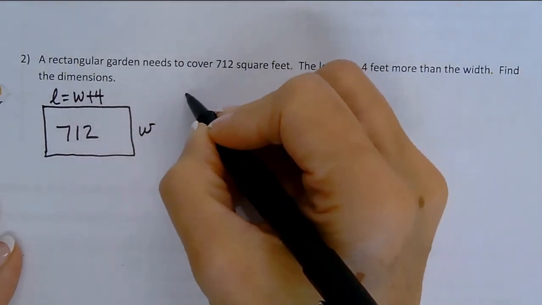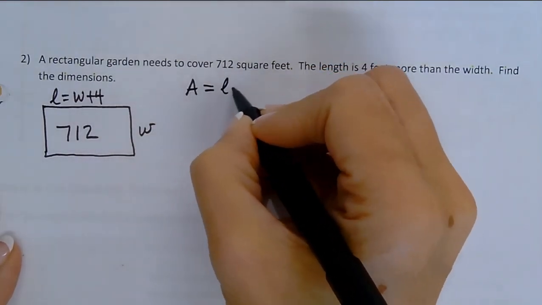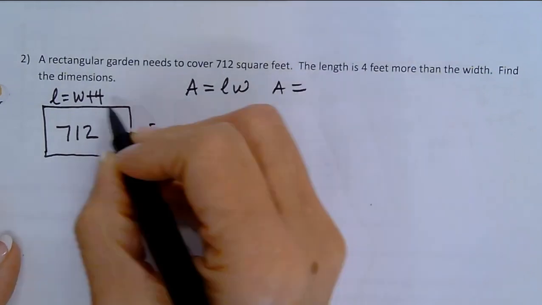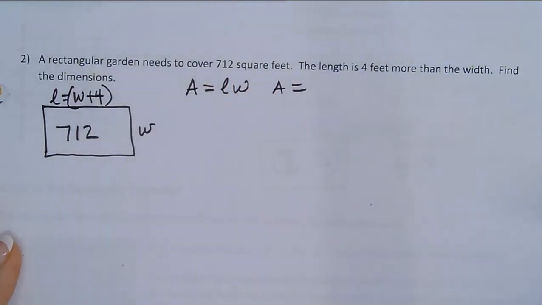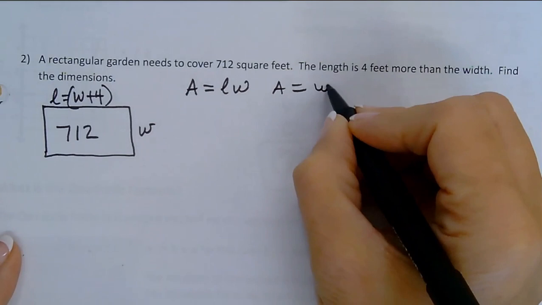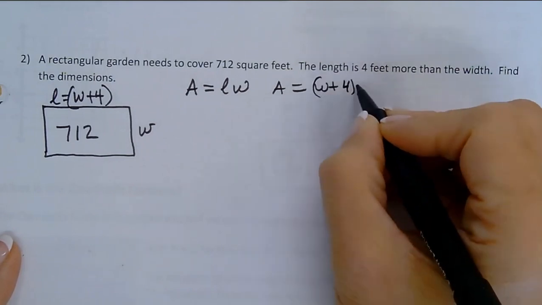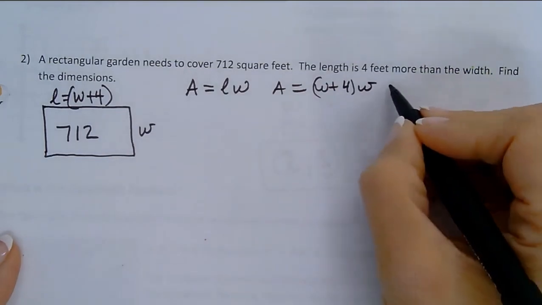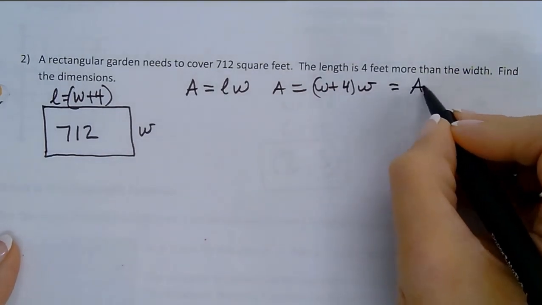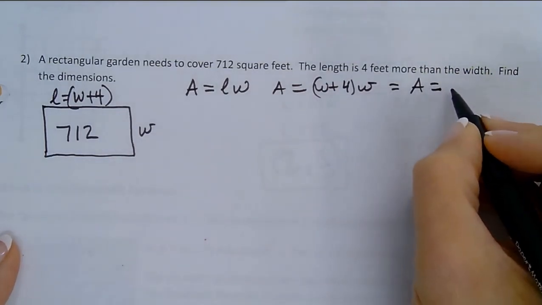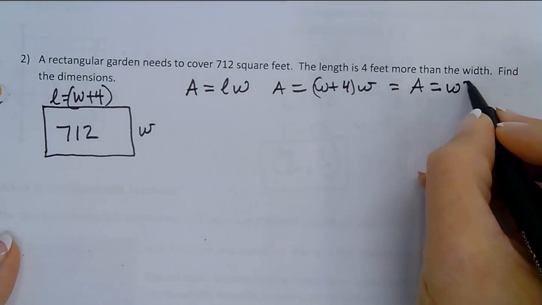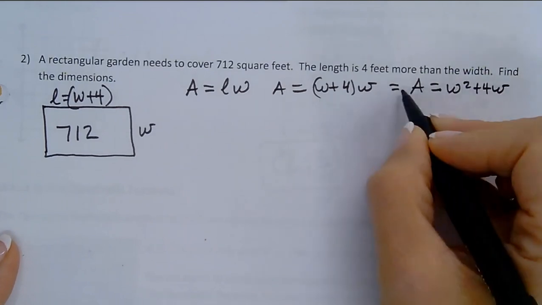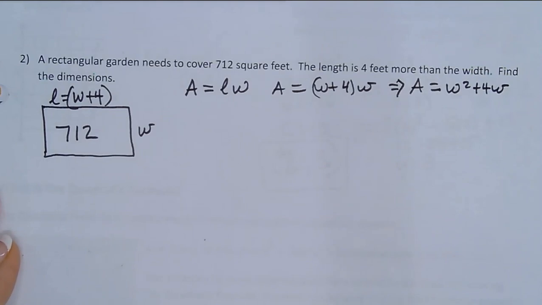So here's what I know about area. Area equals length times width, which means area equals, I'm going to put everything in terms of one variable, so I have width plus 4 times W, right? Length times width. And so I know my area is W squared plus 4W.